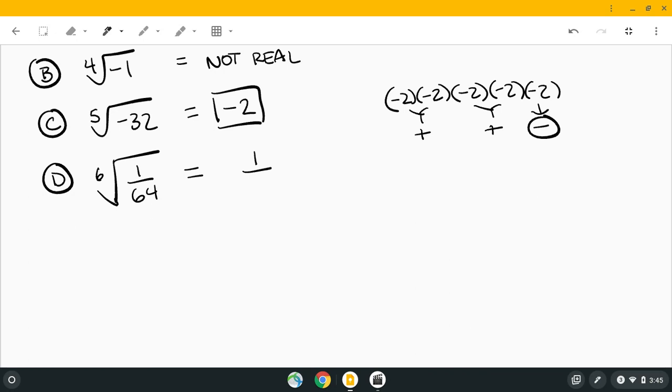Because we know 4 to the third power is 64. But we want something to the sixth power. So if 4 is too big, try 2. And it turns out 2 times 2 times 2 times 2 times 2 times 2, 2 to the sixth power, is 64. So that is our answer.